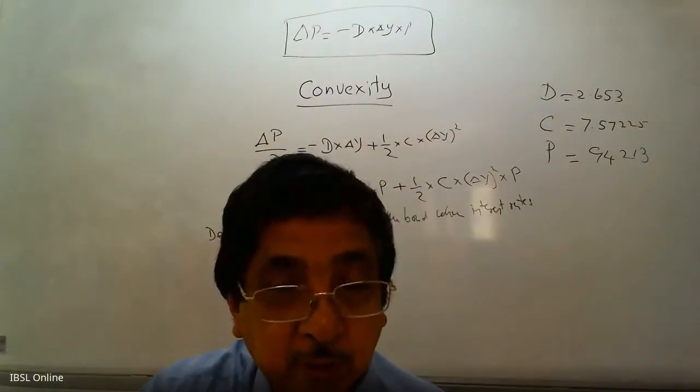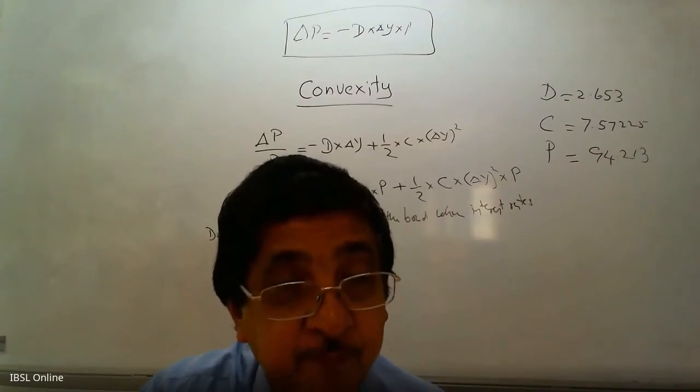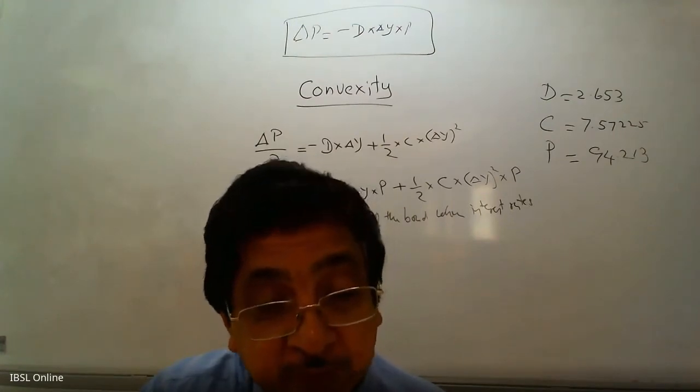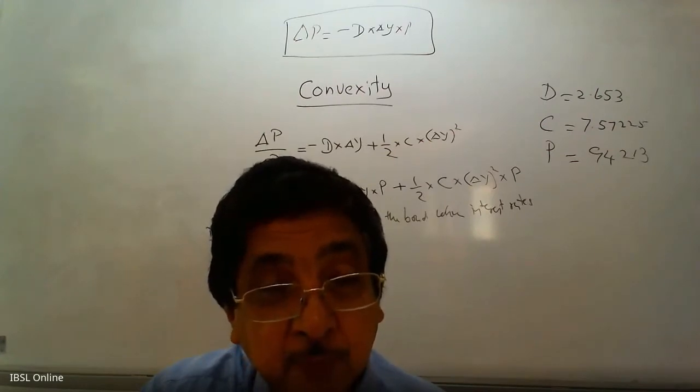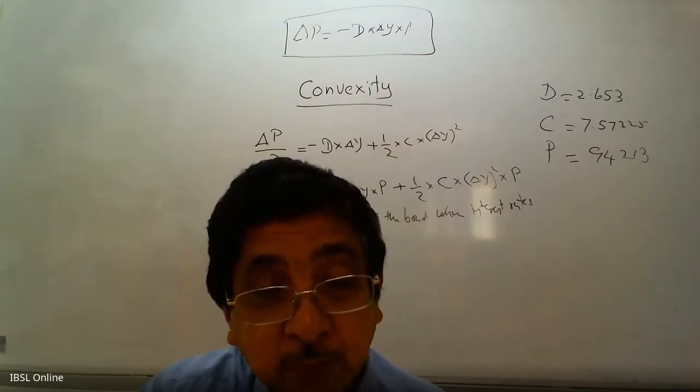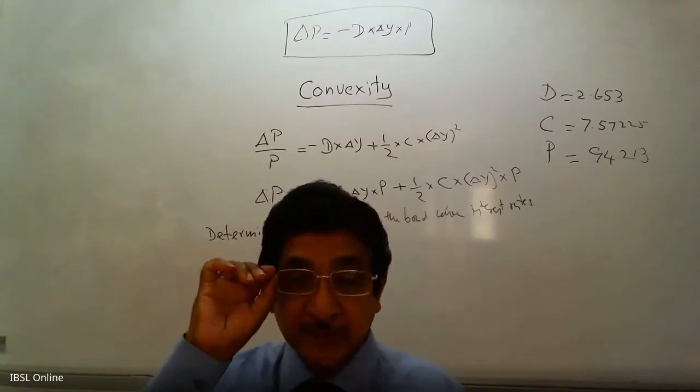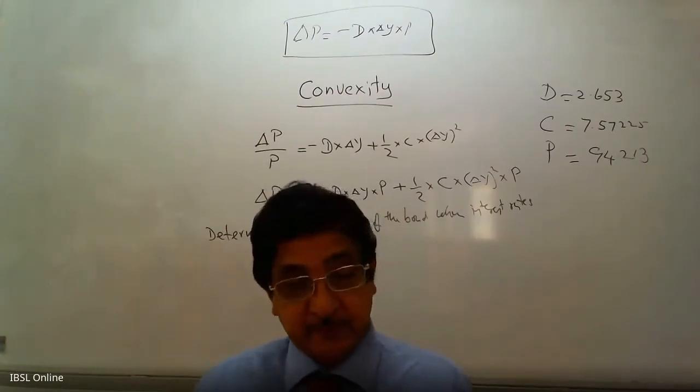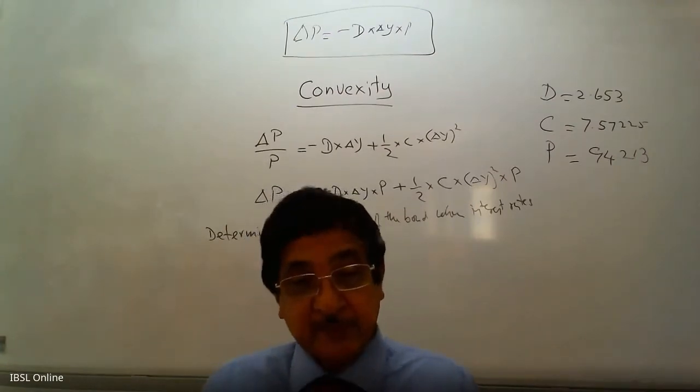We have already calculated the convexity, and last week we calculated duration. Now calculate the price change when there is an interest rate increase of 3%.